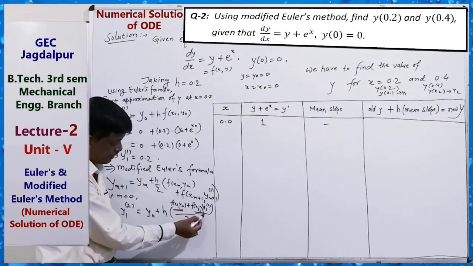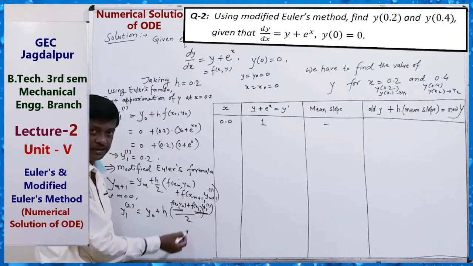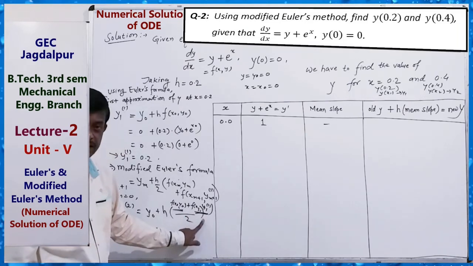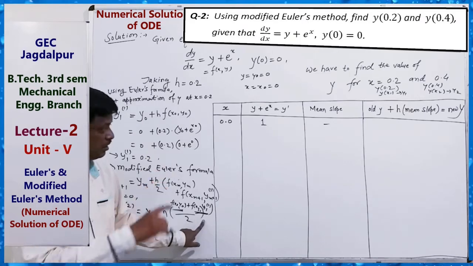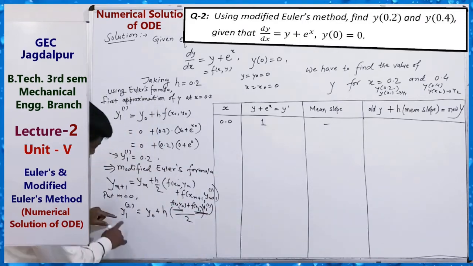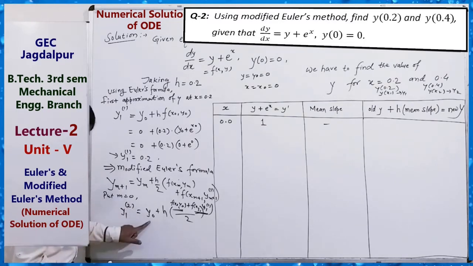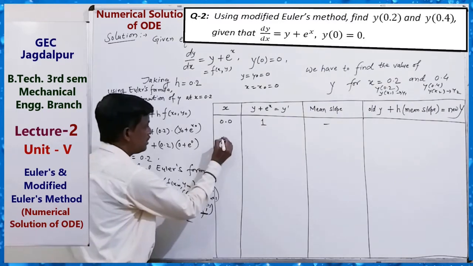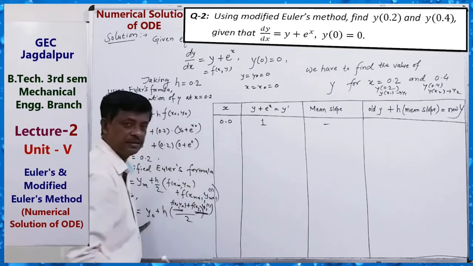Here we can get this value in the table. For the second approximation, we have to write here what?